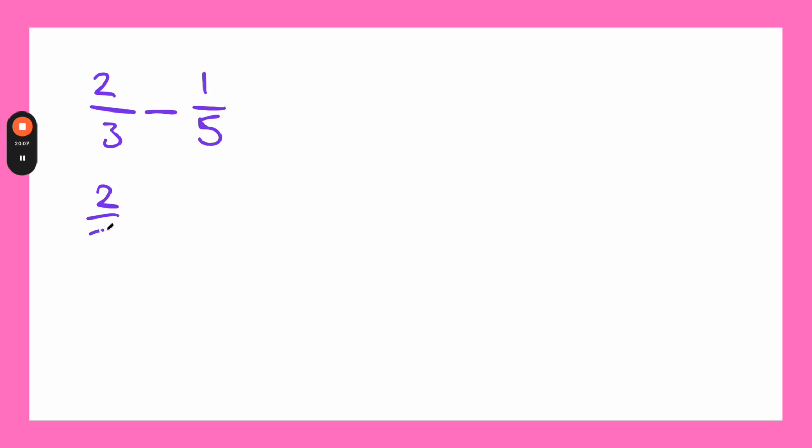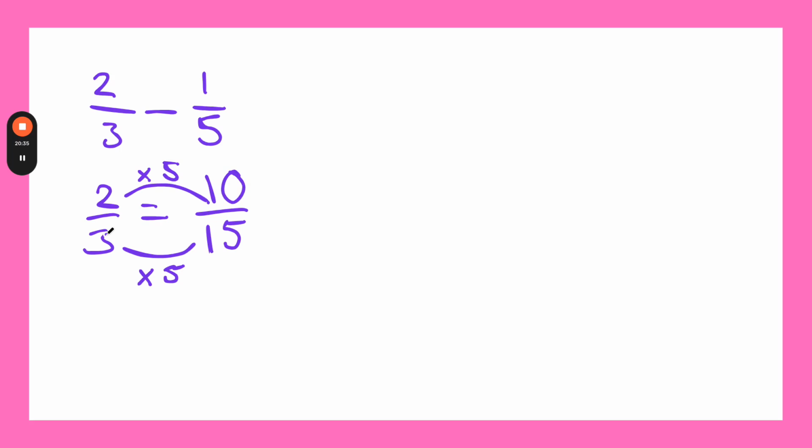So 2/3 equals some fraction over 15. How do we get from 3 to 15? We multiply by 5 because 3 times 5 is 15, which means we must do 2 times 5, which is 10. So 2 over 3 is equal to 10 over 15.